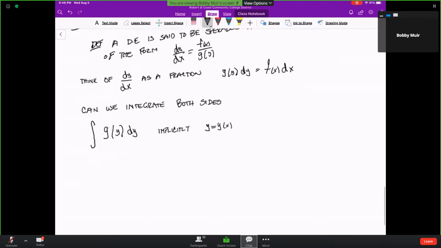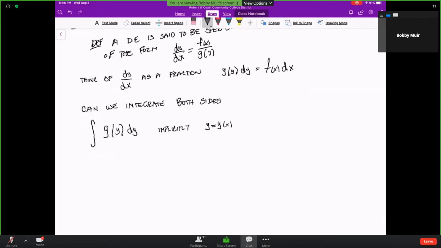So if I was to do a trig substitution style substitution, g of y of x, and let's say I was going to say y is the sine of x, then dy is cosine x, so we would have to write dy dx, that's the cosine x thing, times the dx piece.